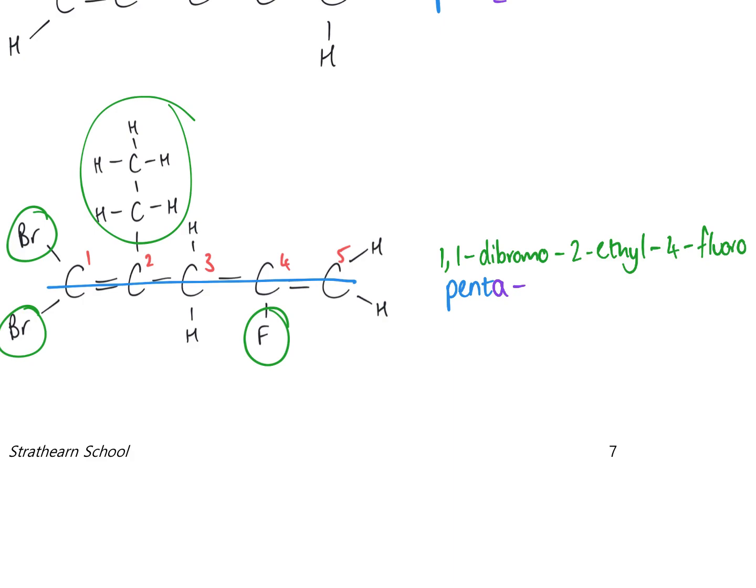And then they're on carbons 1 and 4. And then we say di-ene. So that should all be one word, but you might not have room to fill that all in on the one line. But it's 1,1-dibromo-2-ethyl-4-fluoro-penta-1,4-diene.